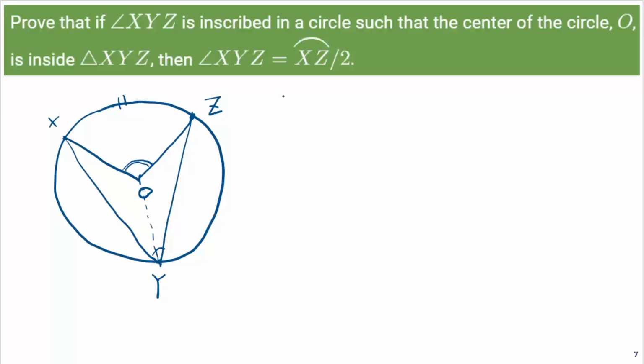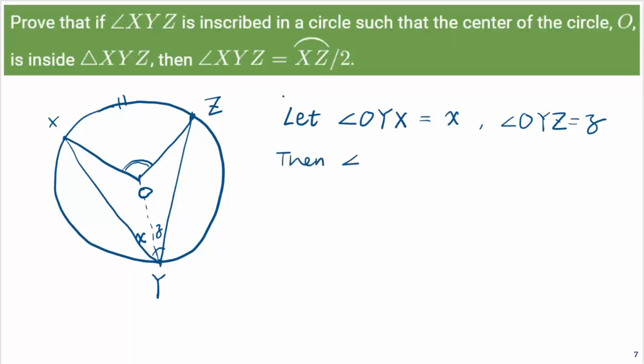Since we know we want to use our isosceles triangles, we could let angle OYX equal x, and let angle OYZ equal z, so that angle XYZ equals x plus z, right?